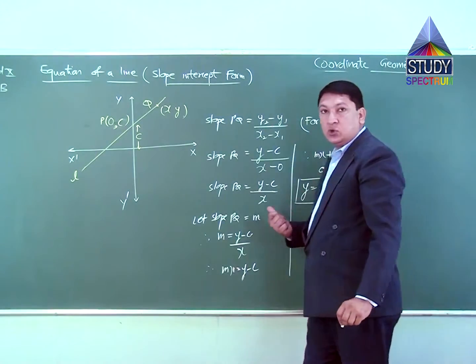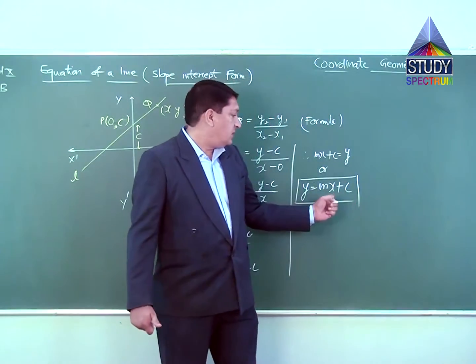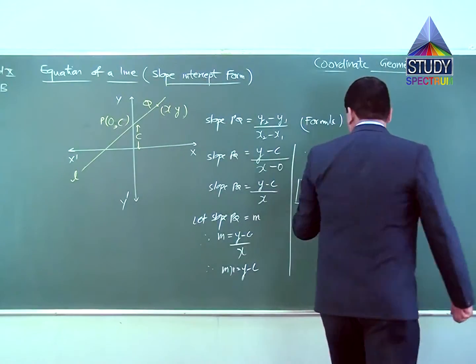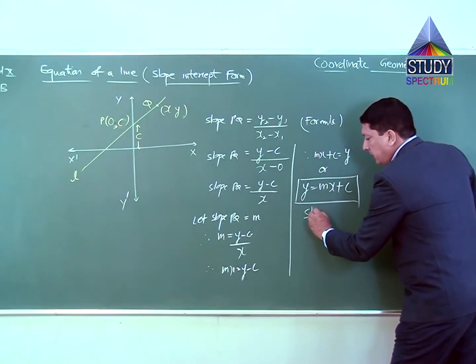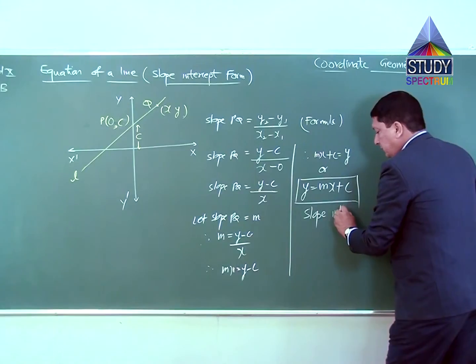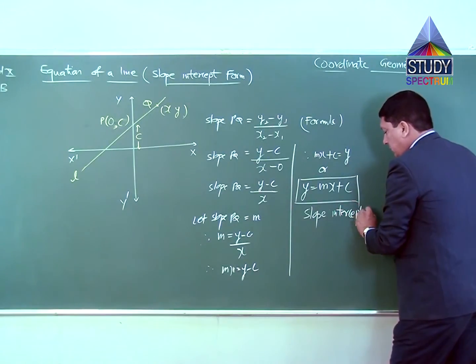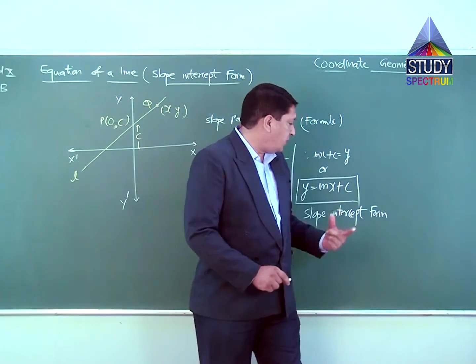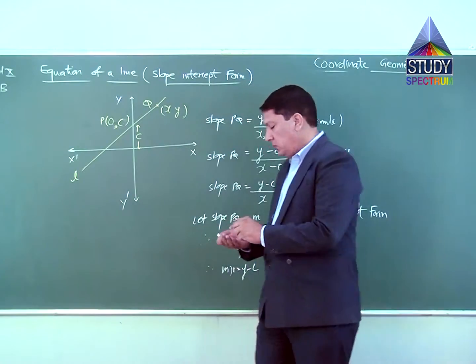This is called as slope intercept form. This is the standard form for slope intercept, which we are doing. Slope intercept form is y is equal to mx plus c. This will be used again and again for solving your problems.